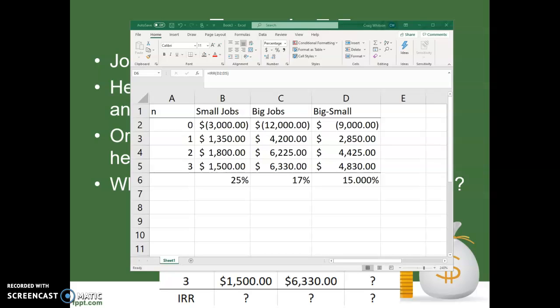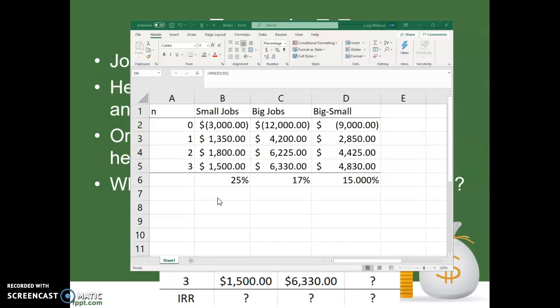So another way we can think about this is what this type of analysis is saying is that, let's say we do have the $12,000 to either invest in doing the big jobs, or we can invest $3,000 of it and do the small jobs, and that's going to leave us with $9,000 left over.